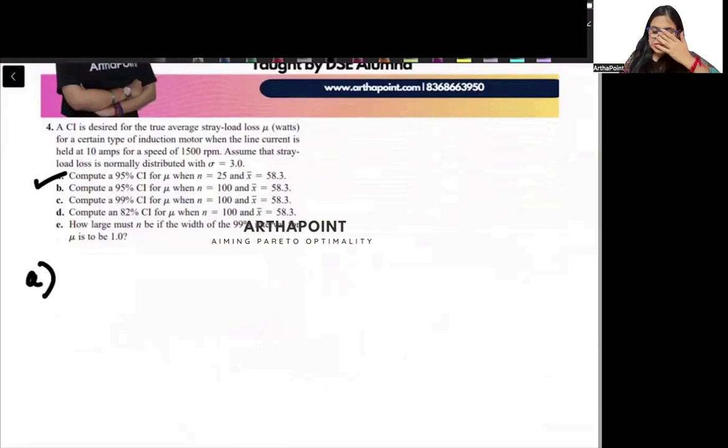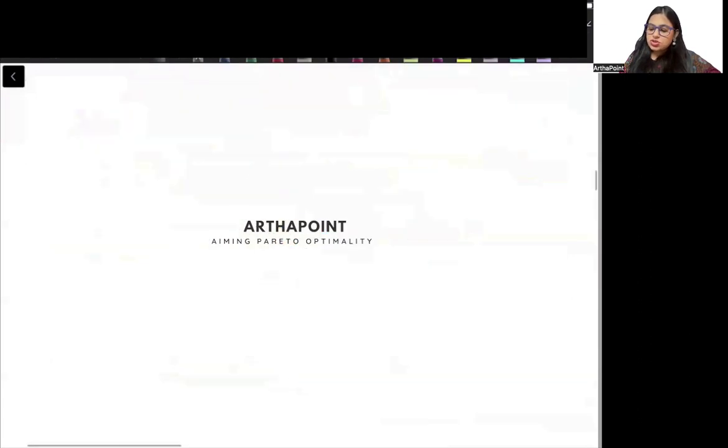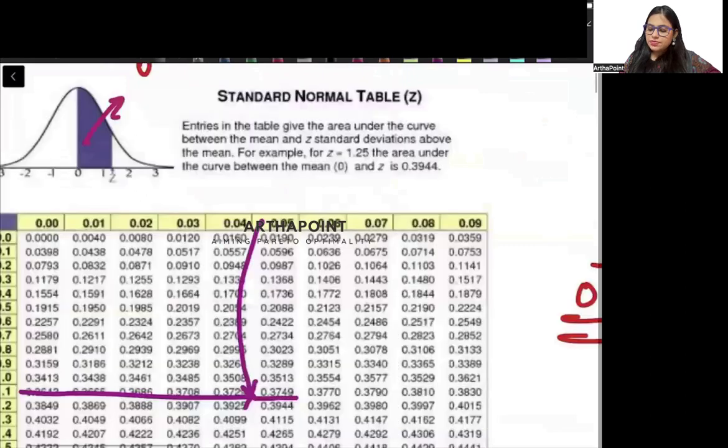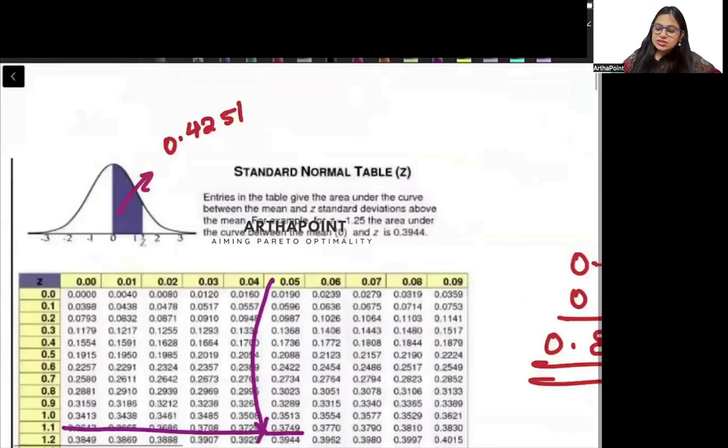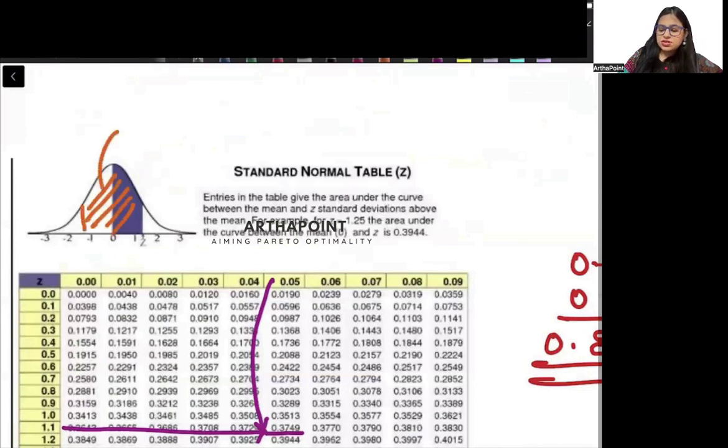Okay, so let's see this. I need to go to the Z table first and find the value for a 95% level of confidence interval. If I go to my Z table, you will realize that this table gives me this value. Look at the shaded region. What has been asked is 95%, so this is 0.95, and I need to divide it by 2.